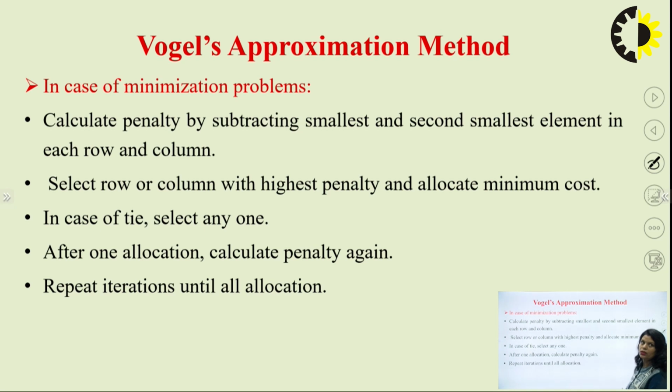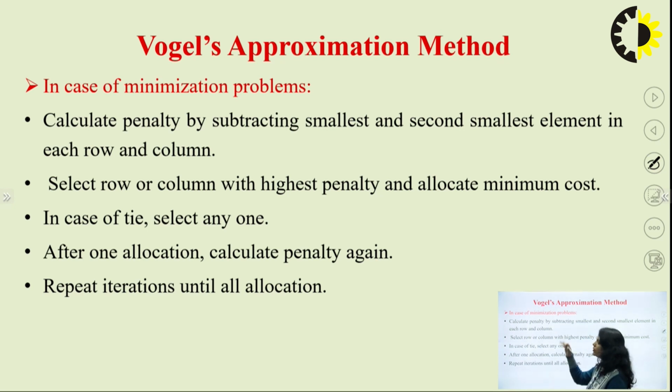Now, we will discuss the next technique, that is the Vogel approximation method, or we say the VAM method or the penalty method also. So, there can be two cases, one is the minimization problem and the other one is the maximization problem.